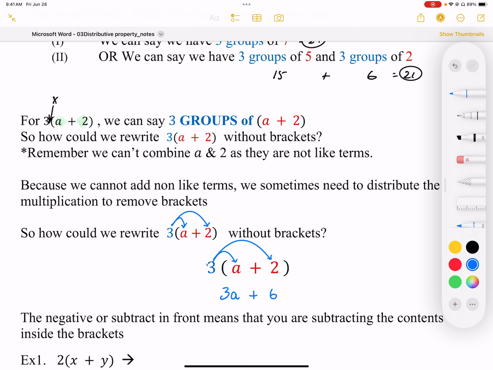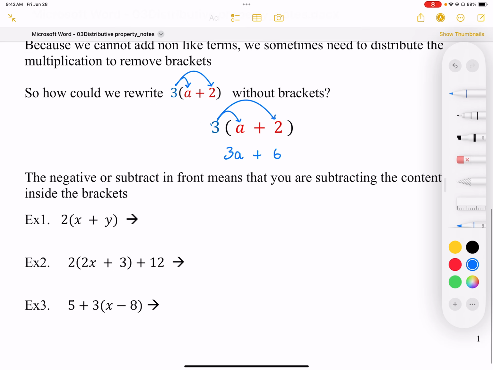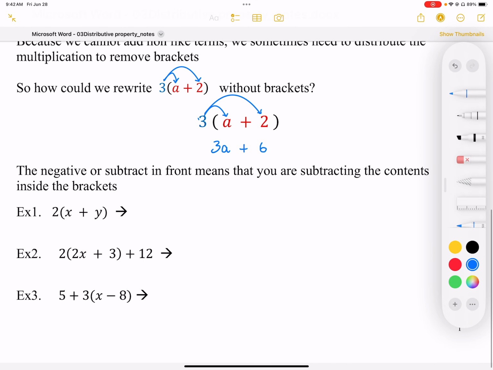So this distribution is whenever we have a bracket, we're going to distribute this 3 onto those different terms. And we can distribute across pluses like this, because the plus is counting things separately. So again, this is really about counting in groups. So I have 2 groups of x plus y. There's a times in here.